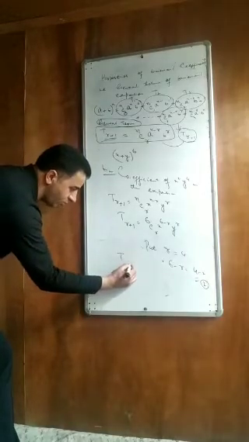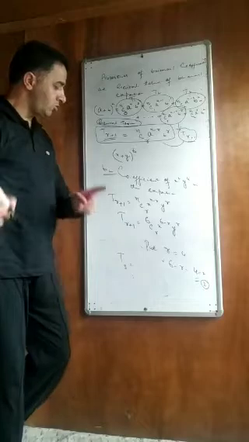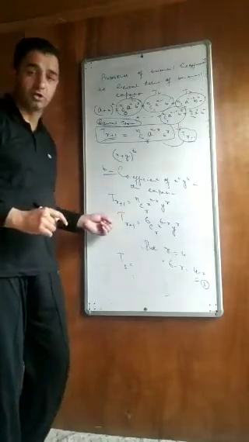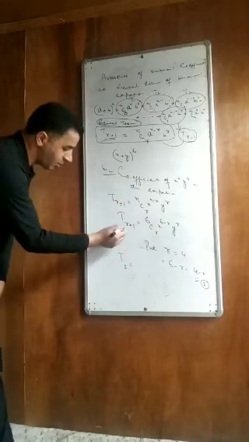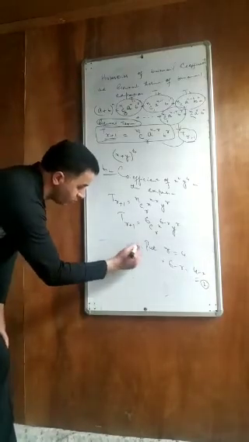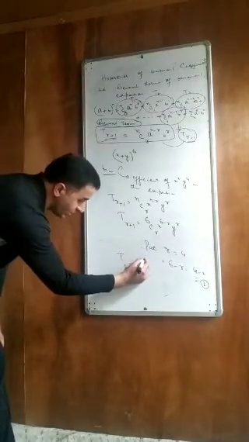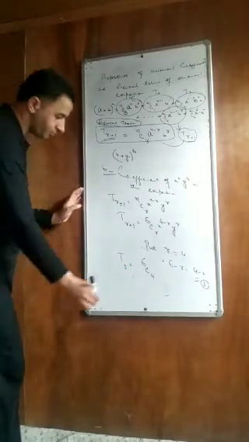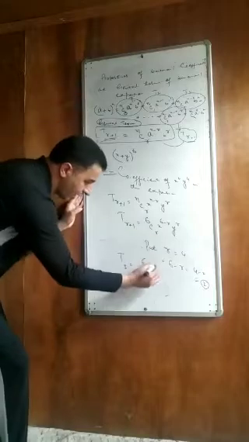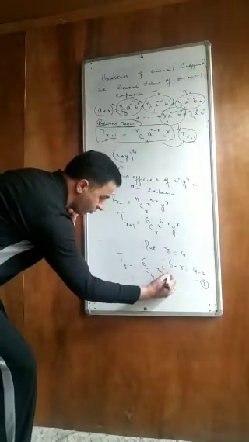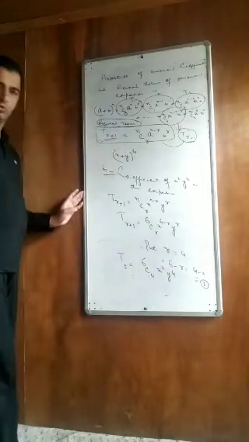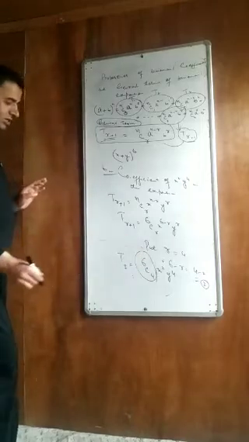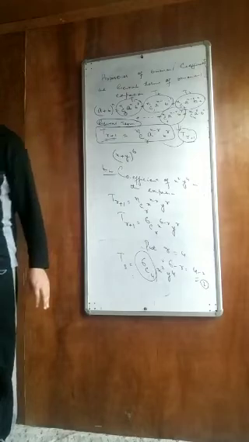So T5, the fifth term, is where you can find the coefficient of x square and y raised to power 4. So T5, r plus 1, that is 4 plus 1, that is 5, which is 6C4 x square y raised to power 4. So the coefficient is 6C4. What is the value of 6C4?